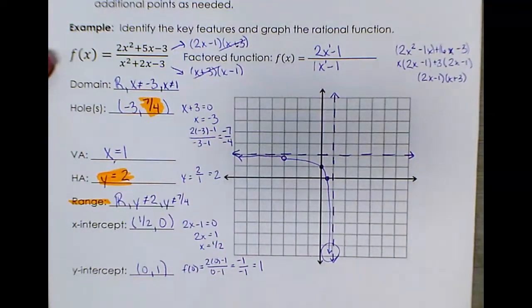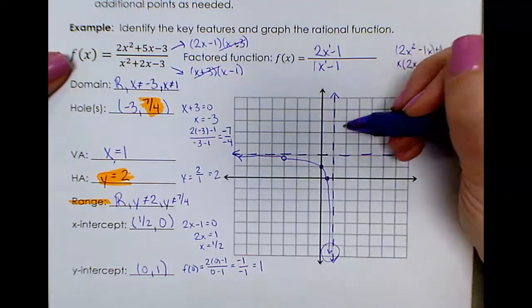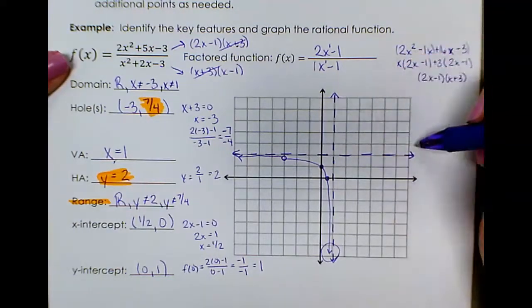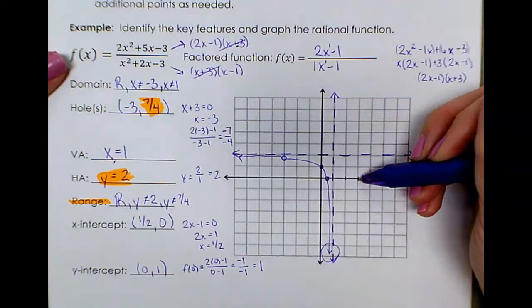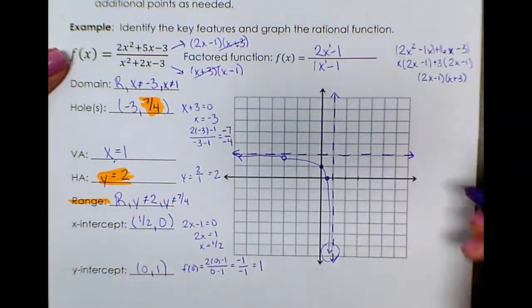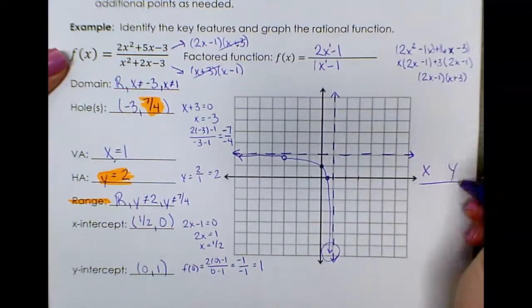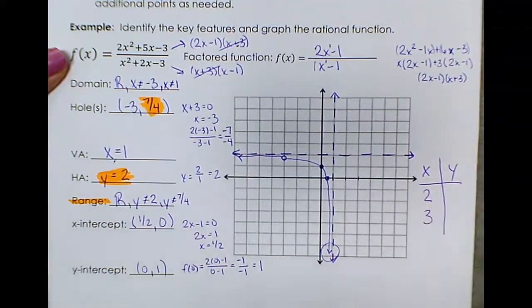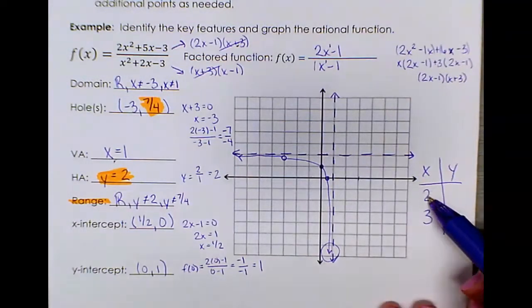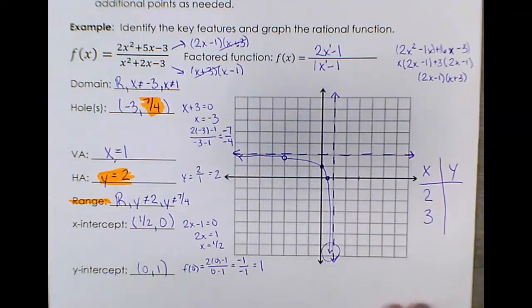Now, the last thing that we need to do is figure out where this part of the hyperbola is. So the x values that I'm interested in are maybe like 2 and 3. So I'm going to make a table. I need the y value when x is 2 and the y value when x is 3. Maybe that will help me out a little bit. So I'm just going to substitute 2 for x, and I'm going to solve.